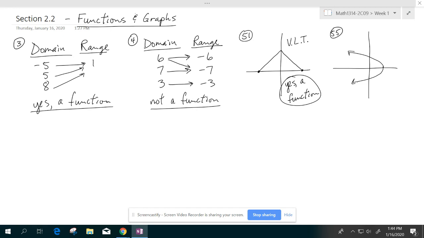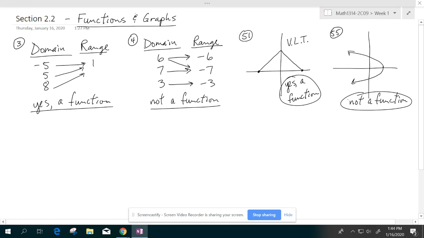I could draw a vertical line back here, touch, touch. Or over here, touch, touch. So how many times is a vertical line allowed to touch? Only once if you want it to be a function. So this is not a function because it does not pass the vertical line test.